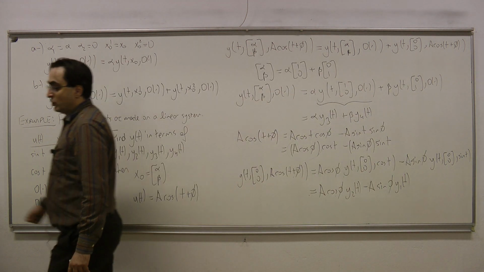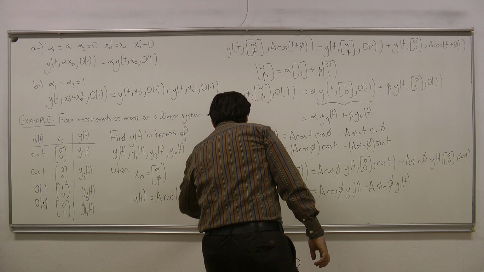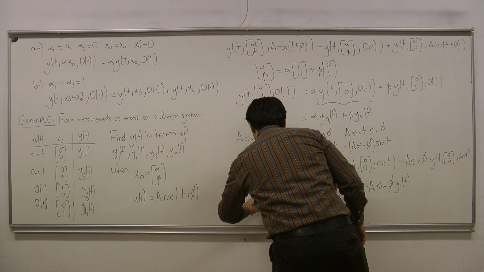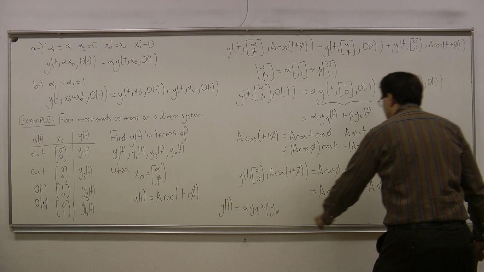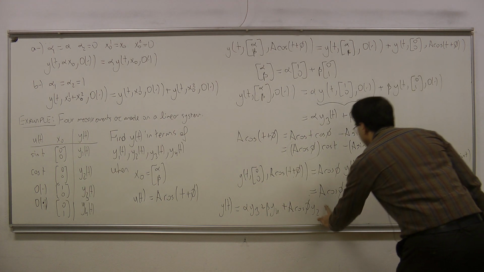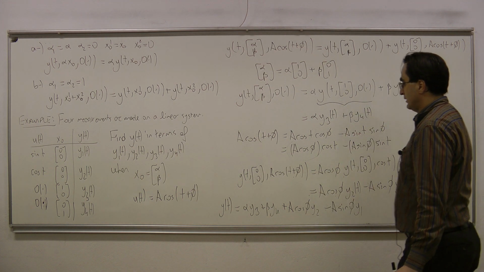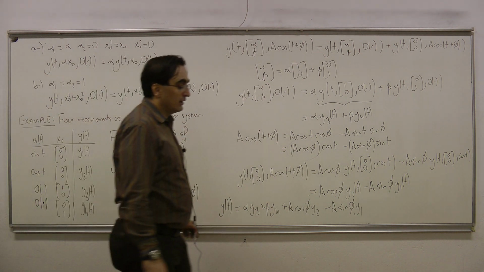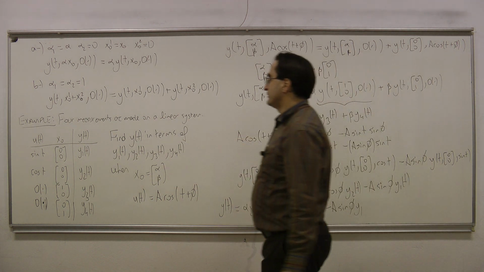Now all I have to do is to combine these results to write my final answer. So y of t is going to be first these things, alpha y3 plus beta y4, I am skipping t's here, and plus a cosine phi y2 minus a sine phi y1. Okay, that is my answer. And while trying to obtain this answer, we have obtained the linearity properties of that linear system.